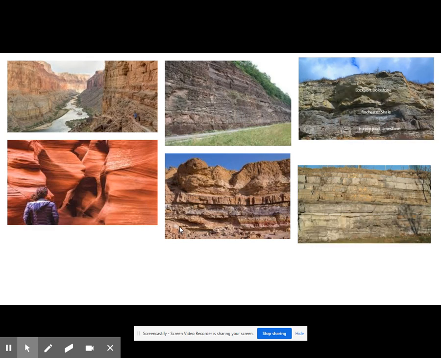So when you look around for clastic rocks now, you can see some classic pictures of the Grand Canyon, and underneath there's Antelope Canyon. The other ones are from around New York State, and we have a lot of these layers. Just look as you drive down the road.